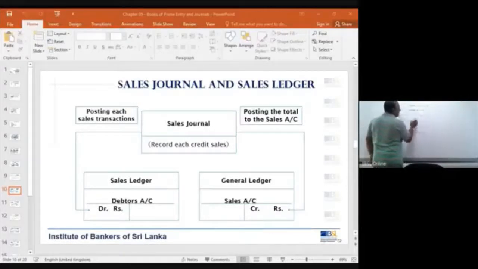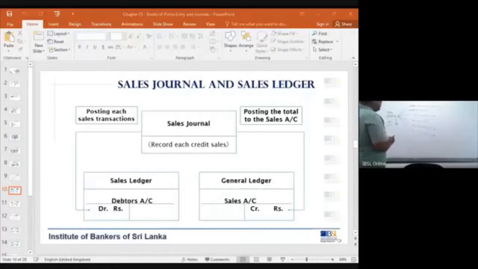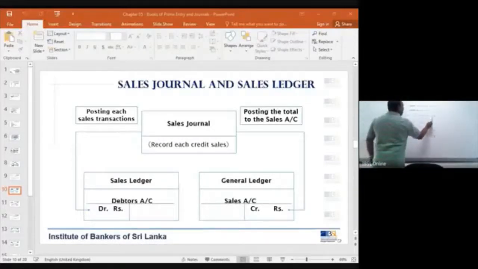Let's say as of the very next day, B and D pay. So by that amount, the total debtors will come down. Now the remaining total will be equivalent to only these four. And we know that these four haven't paid on the due date.